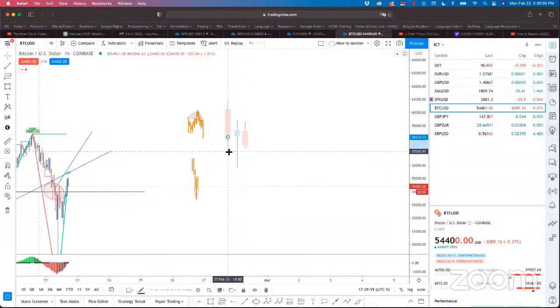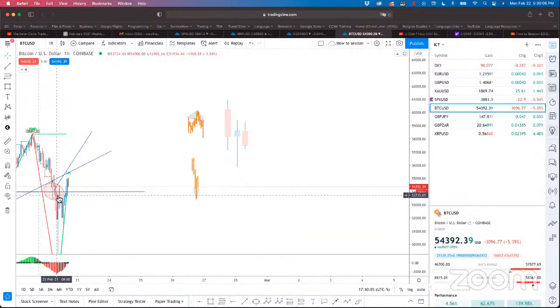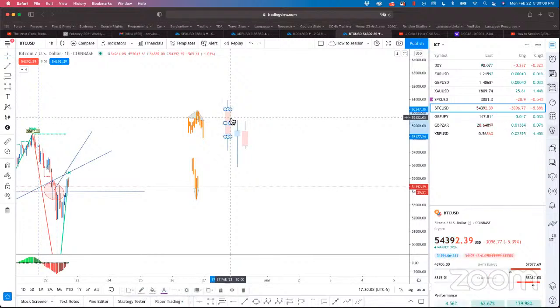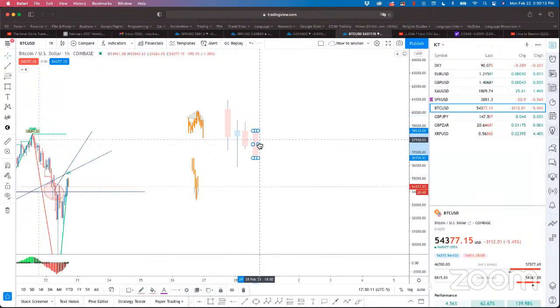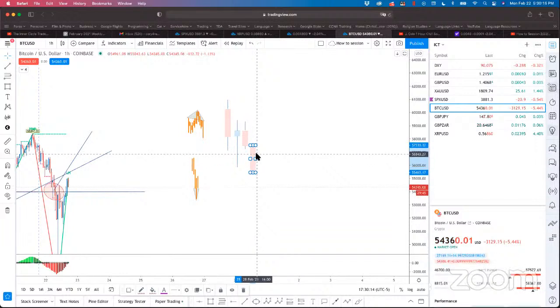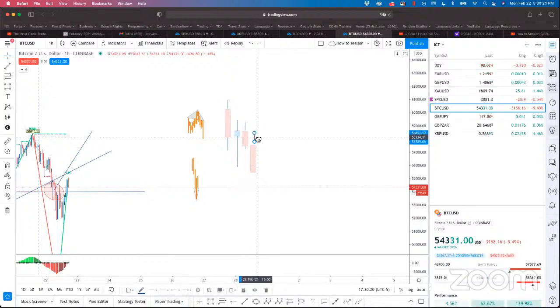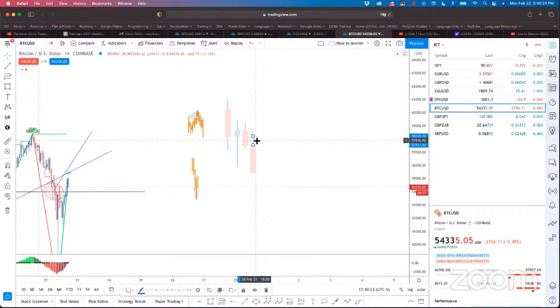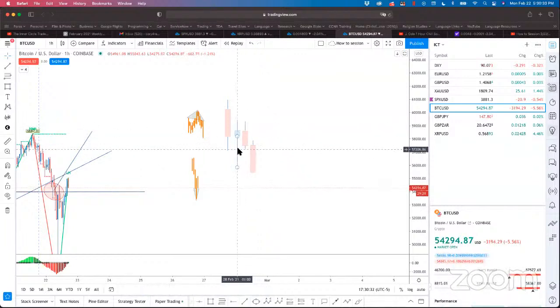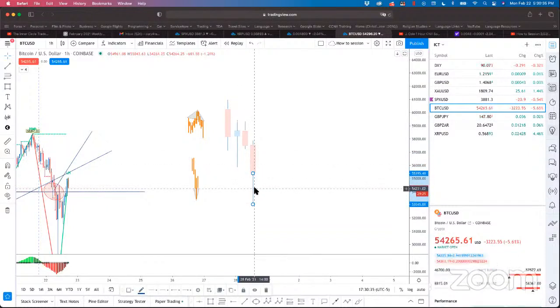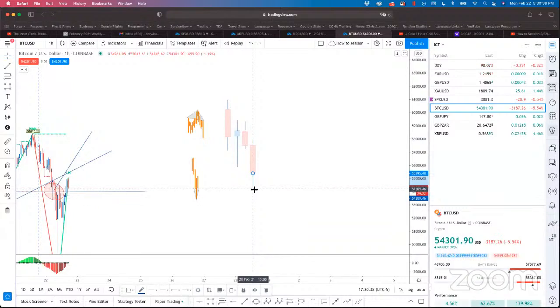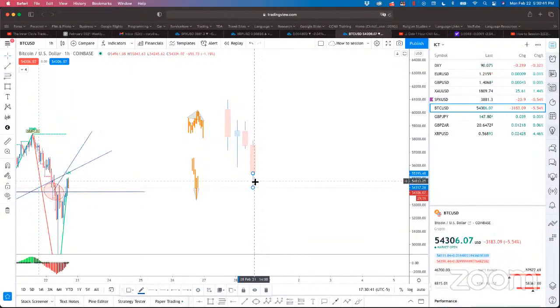Here's longer. And then you had another wick candle over here. Close right here. And then this one was the one that broke it down. This one was here. Small wick. Okay. I like to draw it out so you can see it.